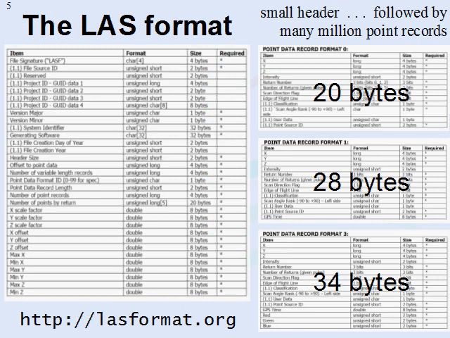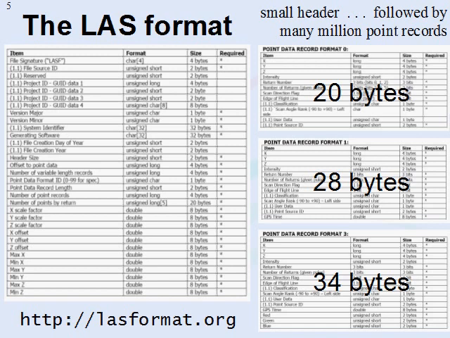And when I say we, I mean the airborne LiDAR scanning and the mobile LiDAR scanning communities. To a certain degree, now also the dense matching communities are storing the output of the photogrammetric point clouds in the LAS format, as it also serves their needs quite well, and it's very widely supported.